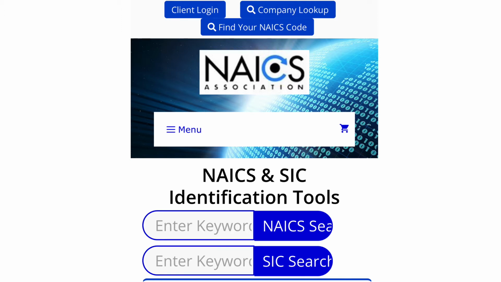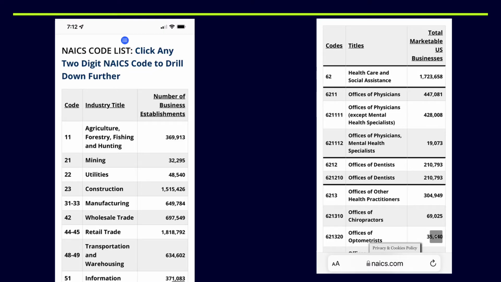You can just input what your business is, and it's going to show you a lot of those choices. On the box here on the left side, this is where it's going to take you, so you can pick and choose which of these industries are very closely related to what you do.